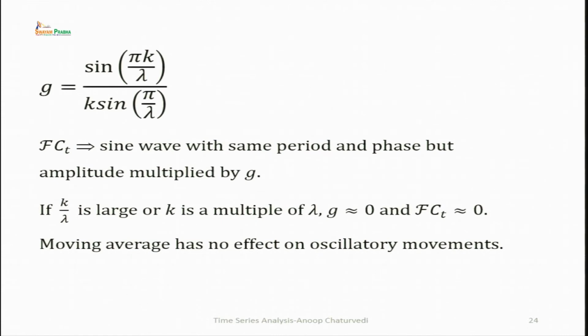So, f c t is a sine wave with the same period of oscillation, and the same phase of the oscillation is also not affected, but amplitude is multiplied by g, and g is this factor.